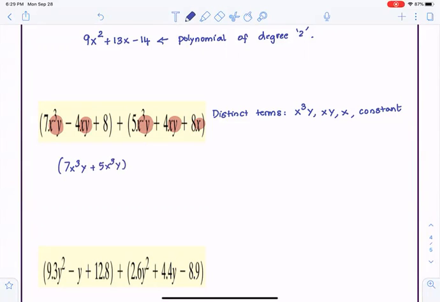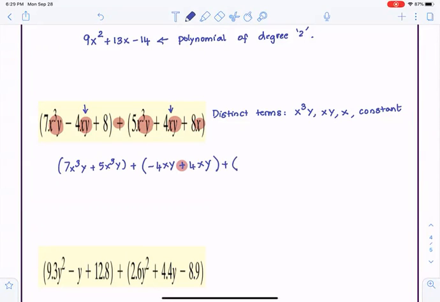Then we combine the xy terms, so plus negative 4xy from here, positive 4xy from there. That plus corresponds to that plus. Lastly, x term.